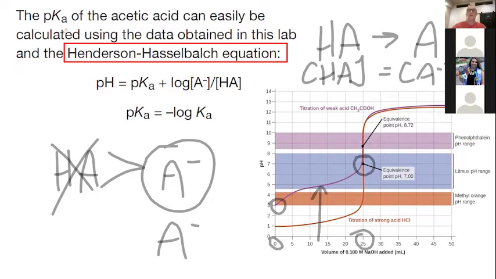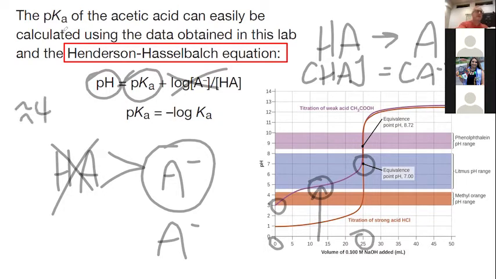And that's where we can use the pH at that point is equal to the pKa. And if you look at this particular titration, you can see that the pKa of acetic acid, or the pH midway through the titration, is a little less than 5.